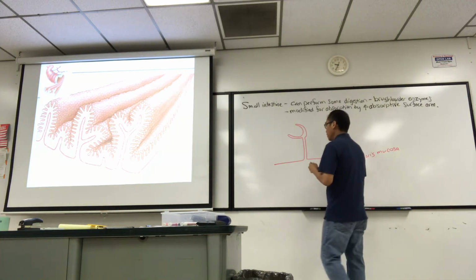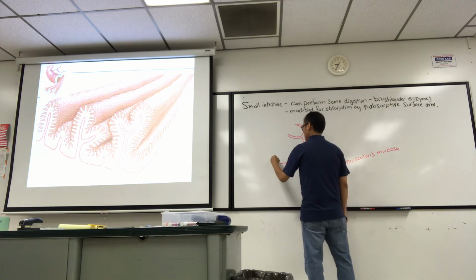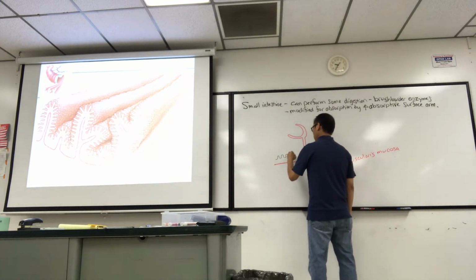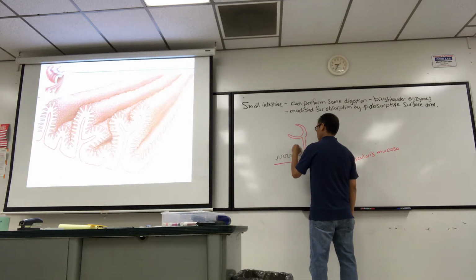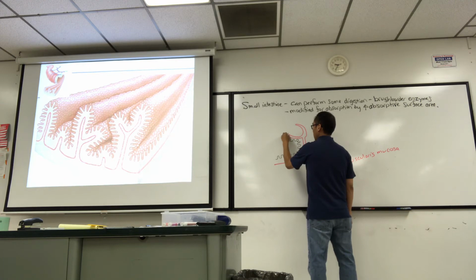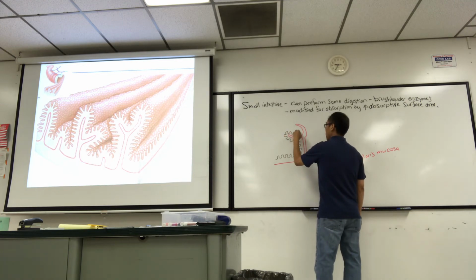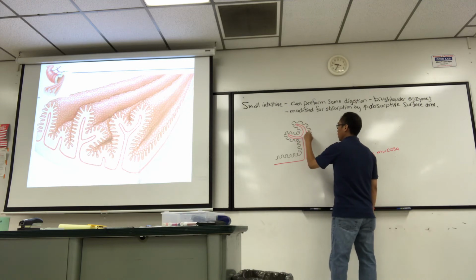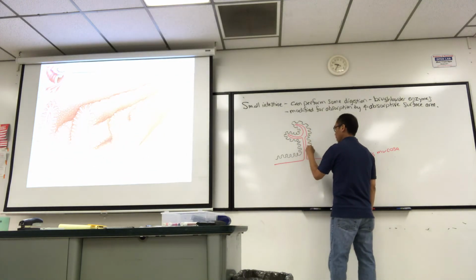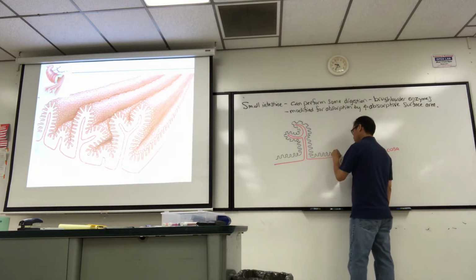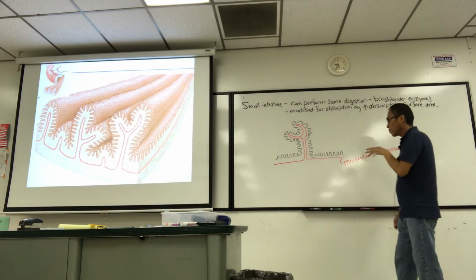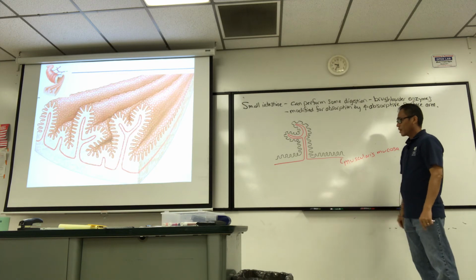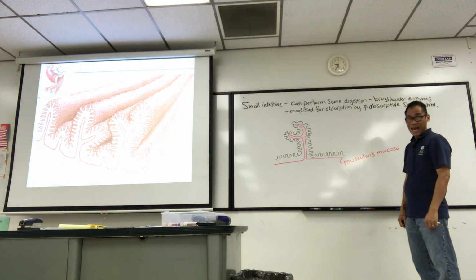And then you have kind of like this arrangement. So those little hills are supposed to represent the villi.